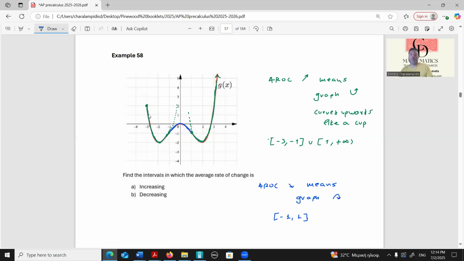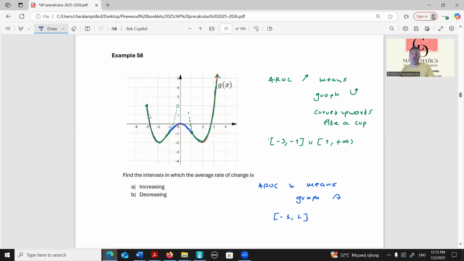Once again, I want to totally highlight the importance of understanding these concepts: average rate of change and monotonicity of a function, average rate of change and concavity of a function.